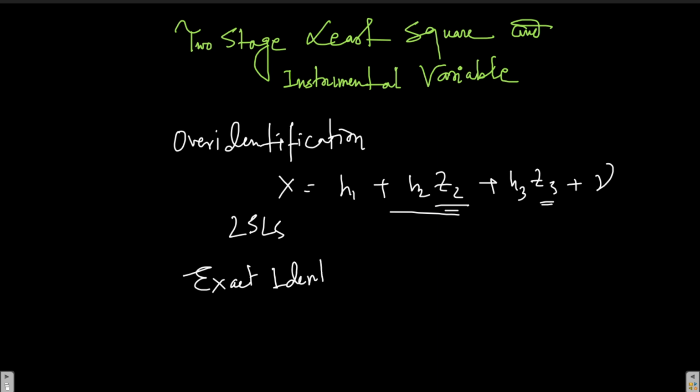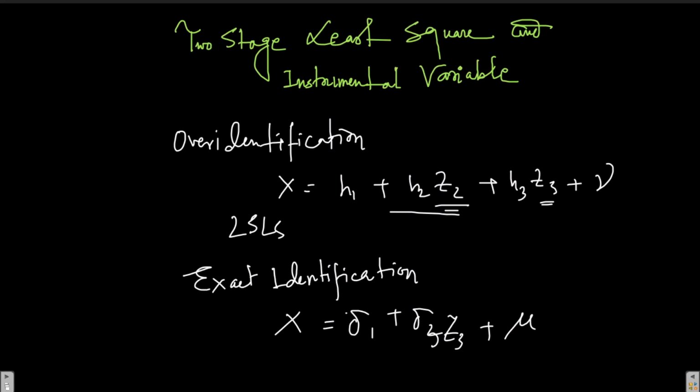But the strategy remains the same, in the sense that we have this first stage where we do the OLS estimation, and in the second stage, we use this estimation to do the actual regression equation. So here we can write something like delta 1, delta 2, or delta 3 Z3, and some error term, let's say mu.